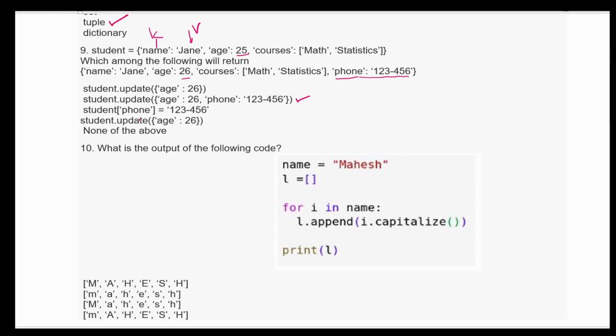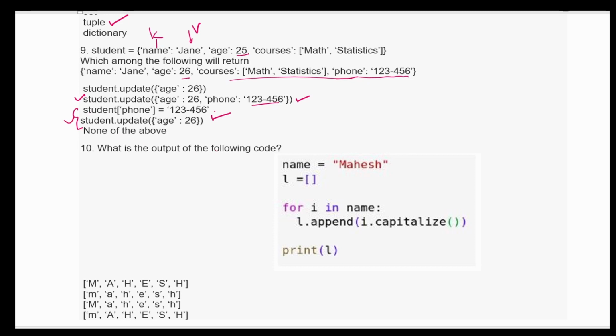In the third case, these two instructions are executed together. That means first phone number is added as a new element. Then age is updated to 26. When you use these two instructions together, it will provide the expected output like this. So the second one is correct and this one is correct.